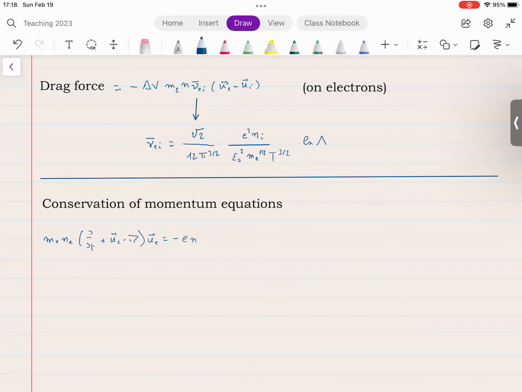This is equal to the Lorentz force, E plus u_e cross B, minus grad P, first time we calculated today, minus the friction force, m_e n_e nu_ei (u_e minus u_i).